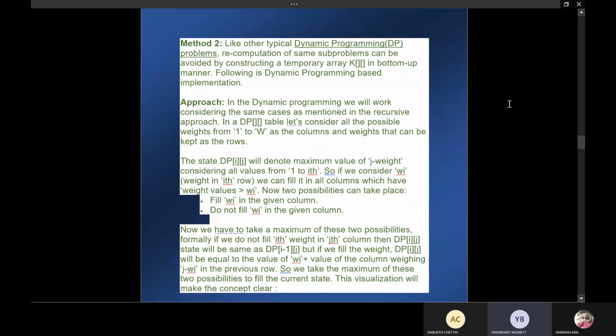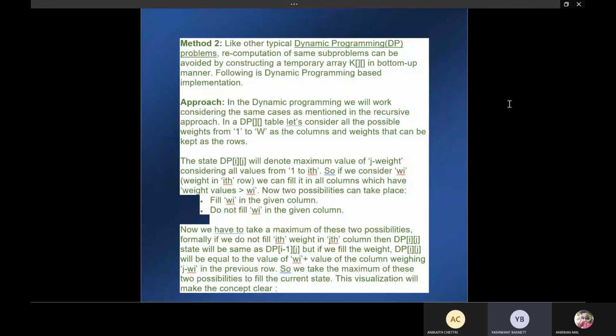In dynamic programming, we will work considering the same cases as mentioned in the recursive approach, like Aniket said. We'll consider a dynamic programming table, with all the possible weights from 1 to W as the columns, and the weights that can be kept as the rows.